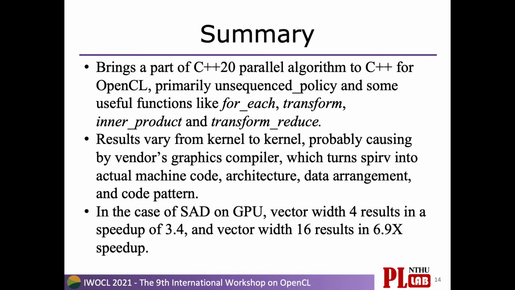Results vary from kernel to kernel, probably caused by the vendor's graphics compiler, which turns SPIR-V into the actual machine code, and the nature of the GPU. In the case of SAD on GPU, vector width 4 results in a speedup of 3.4, and vector width 16 results in 6.9 times speedup, which is the best case.